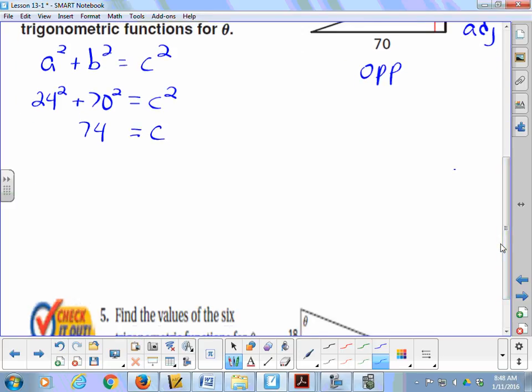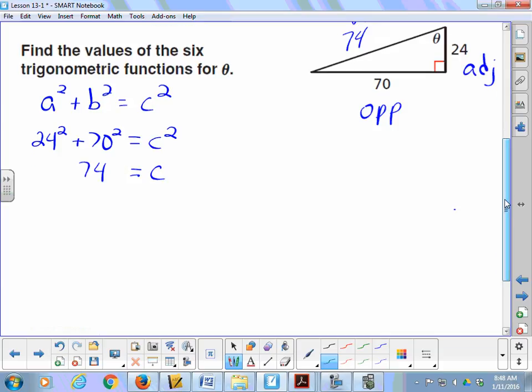All right. So, my suggestion to you, when you are finding the 6 trig functions for this triangle, is I would write sine, cosine, and tangent on the left, and then across from them, I'll put the reciprocal function of that.